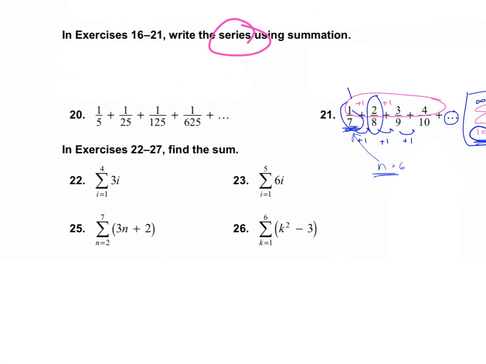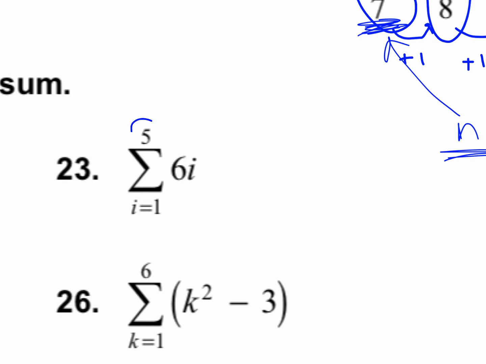Alright, so for 23 and 25, we need to find the sum. When you have a small number on top, like 5, 6, 7, something not too big, it's easiest just to plug in 1 through whatever number you have here. So here we're going to plug in 1, 2, 3, 4, and 5.